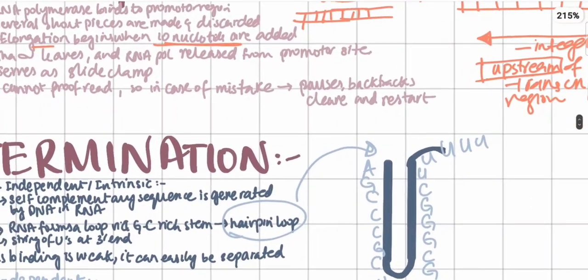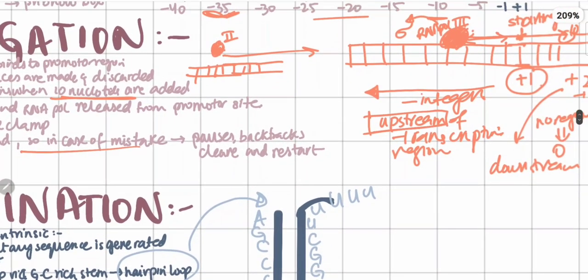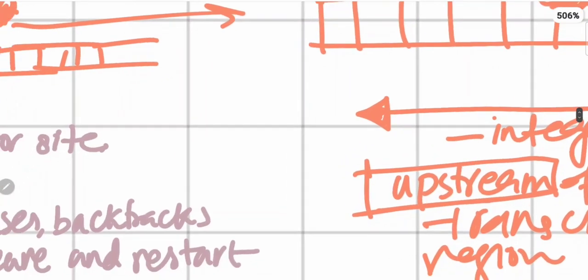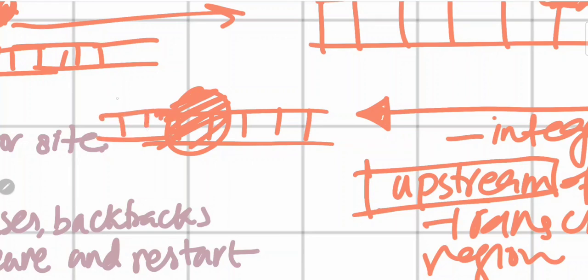But the thing is that it cannot proofread. Right? It cannot proofread. So in case of any mistake, if the RNA polymerase is here, and there is a mistake right here, the RNA polymerase is going to stop here, it is going to backtrack, it is going to cleave this area, and then it is going to correct it.